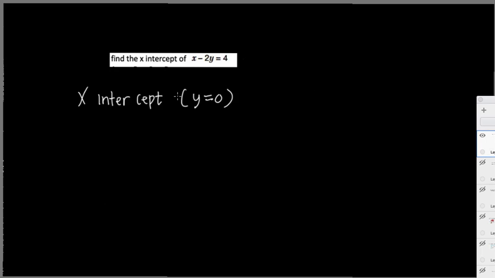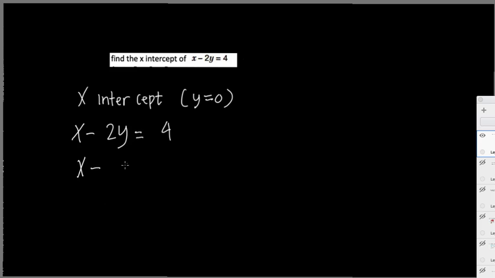Find the x-intercept of x minus 2y equals 4. To find the intercept, you have to know about the condition: when finding the x-intercept, y equals 0. So we substitute into x minus 2y equals 4.